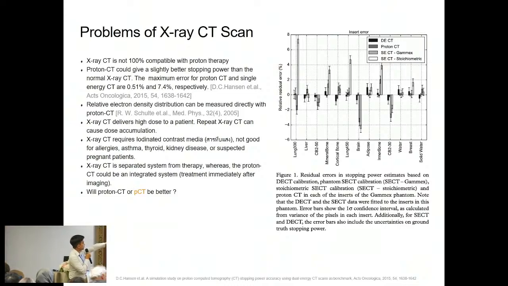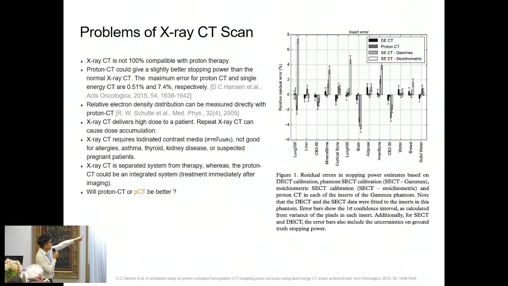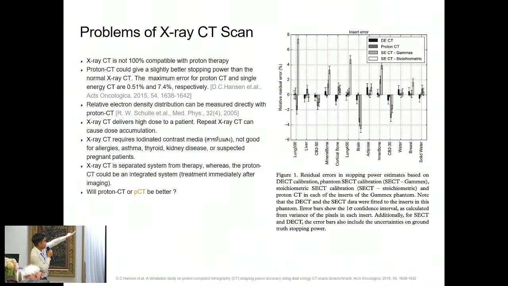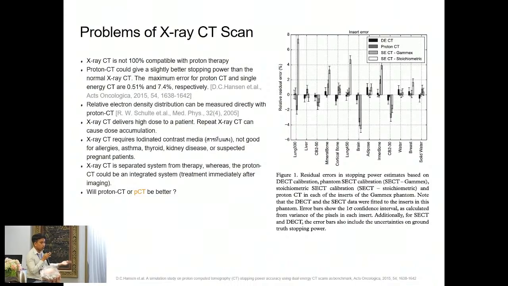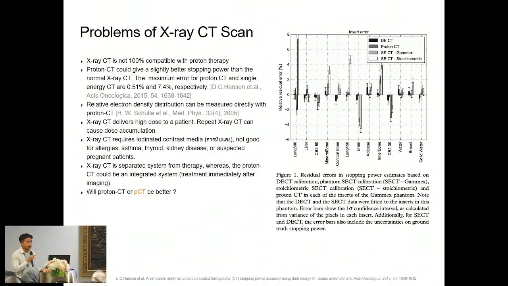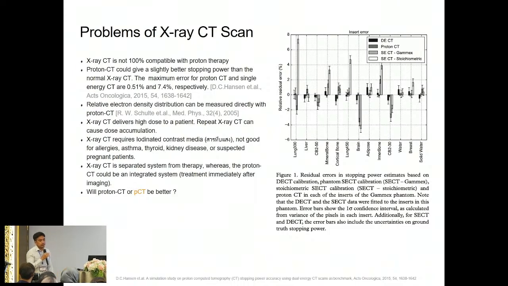Actually, this graph shows dual energy CT, X-ray CT scan, and single energy CT scan. You can see that the relative residual error on the y-axis is higher than for proton CT. There are some calculations that the uncertainty is lower than X-ray CT, but we have not reached that stage yet. Our postdoc is working on that now.